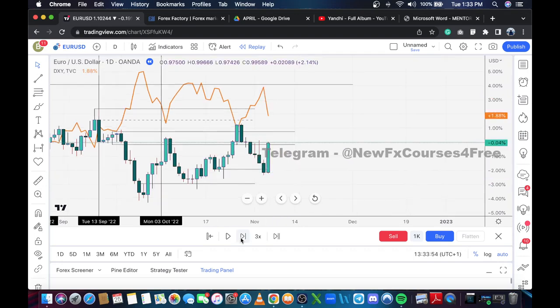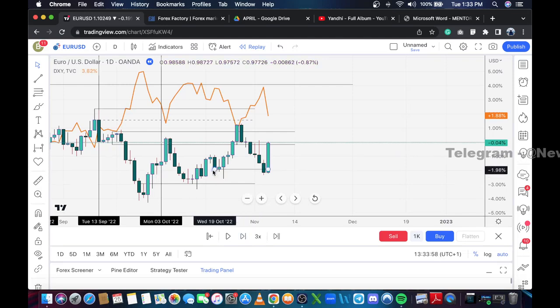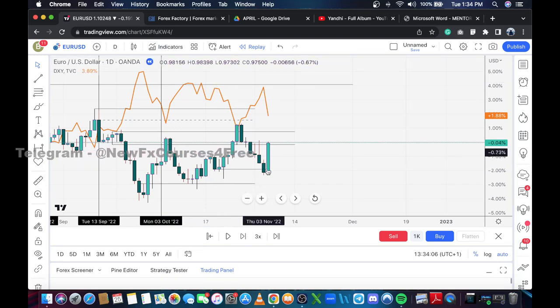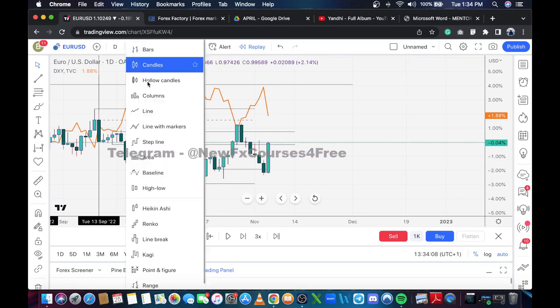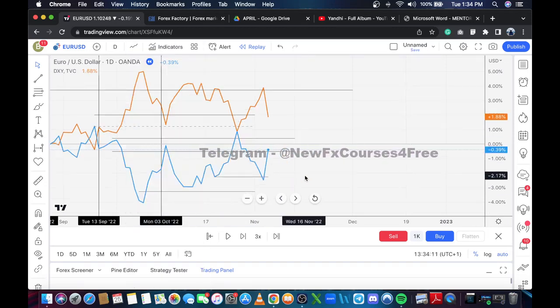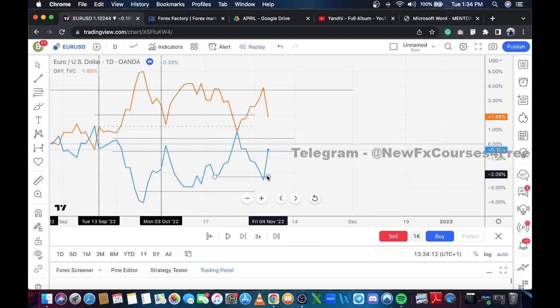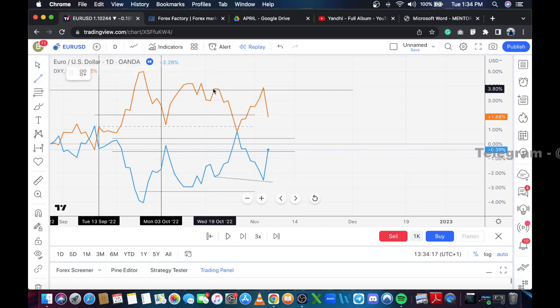So let's use a replay tool next. And guess what? Euro dollar ran lower, but dollar is not running higher. Again, let me show you what I mean. I'm looking at the closes; I'm not looking at the wicks of the candle. If I use the line chart on euro dollar, you can see clearly it's making a lower low, while dollar is making a lower high.